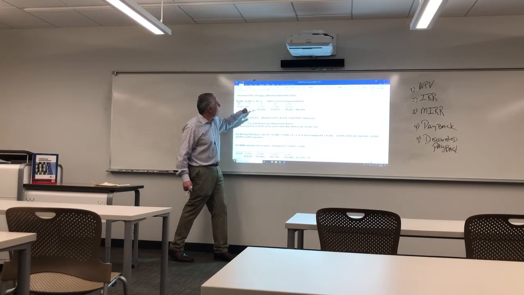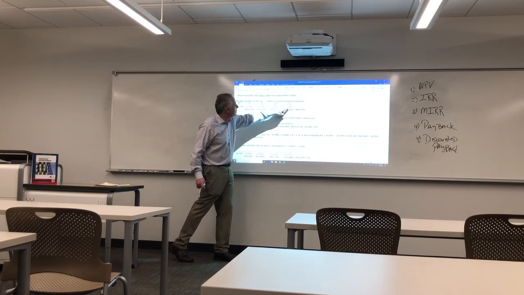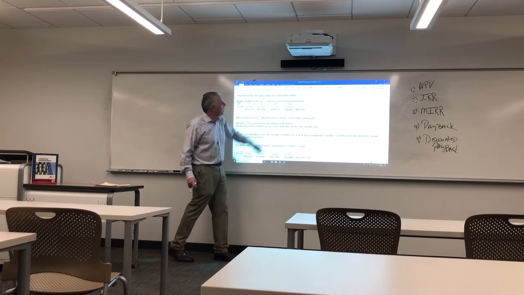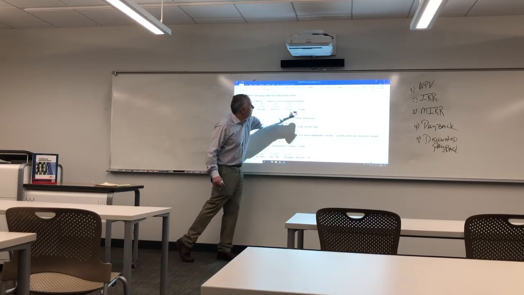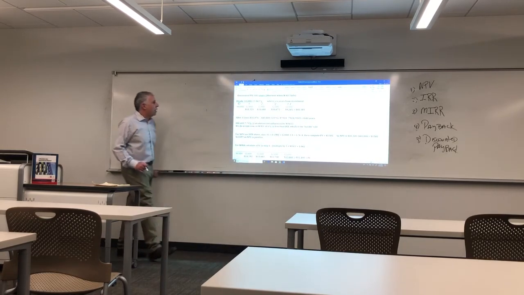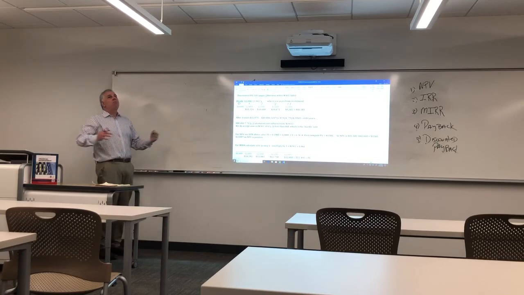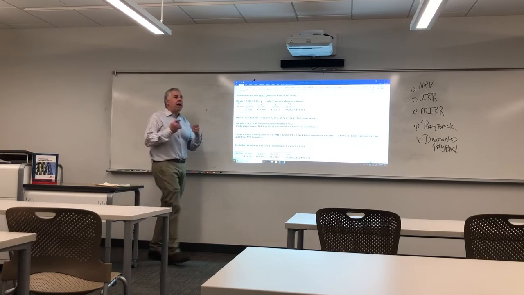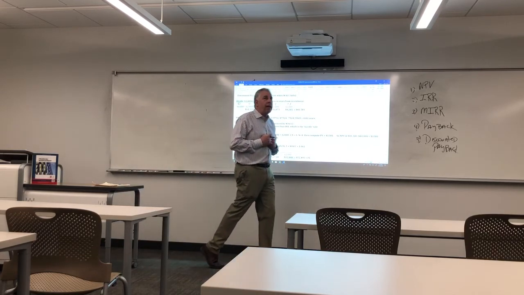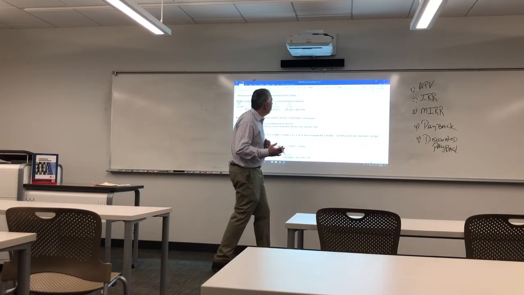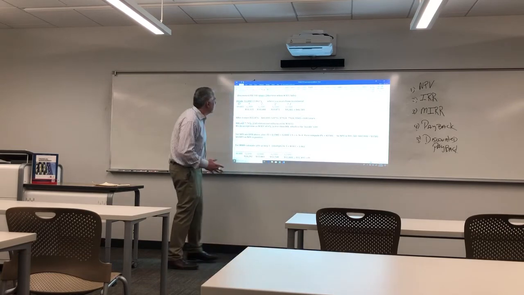Divide the 12 grand by 1.06 to the third. Divide 1.06 to the fourth into the 12 grand. These equal 41,581. That's more than our investment. We're getting paid back more than we invested under the guidelines of 4 years. So this project's going to be a go.